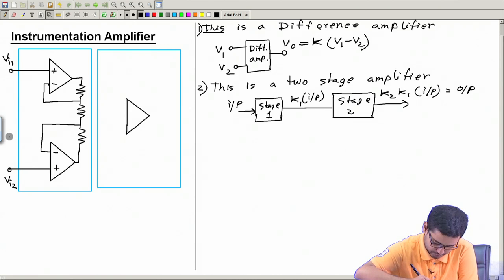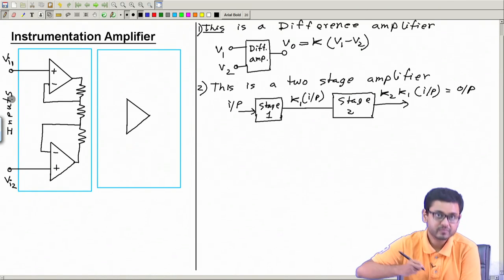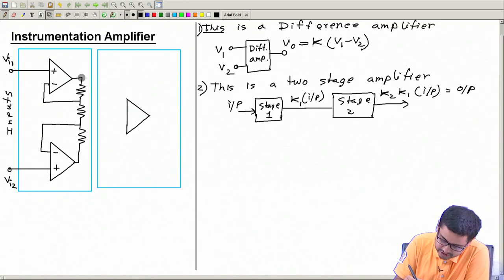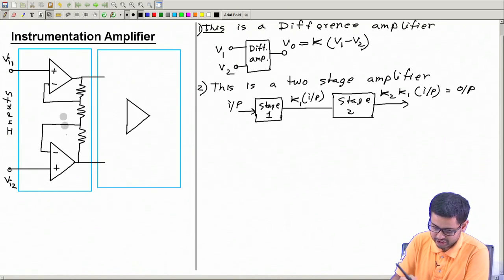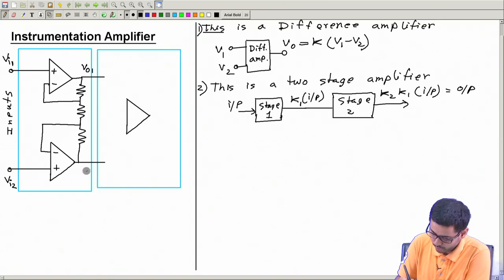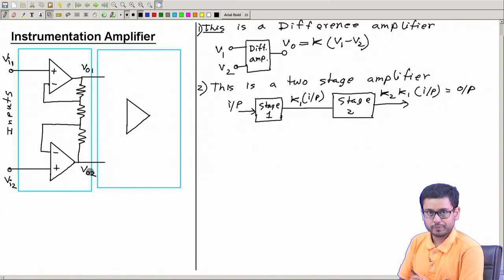And these two will be two outputs from these two op amps. So, this you call VO1, V output 1 and this V output 2.